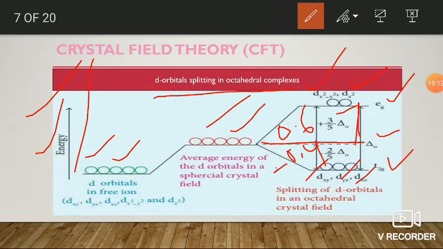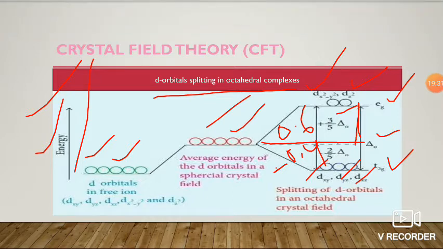That is, if the electron enters the T2G set of orbitals, it gets minus 0.4 Δo energy. If the electron enters the EG set of orbitals, it gains 0.6 Δo energy. Okay, fine.